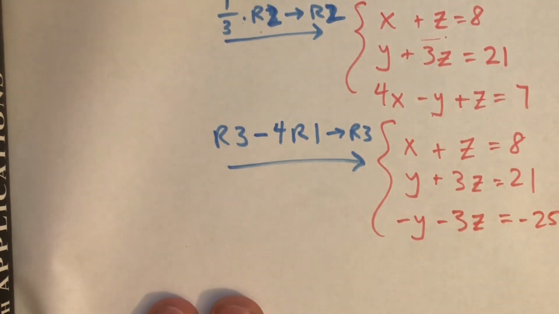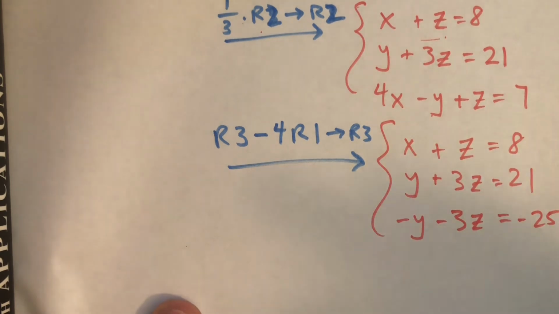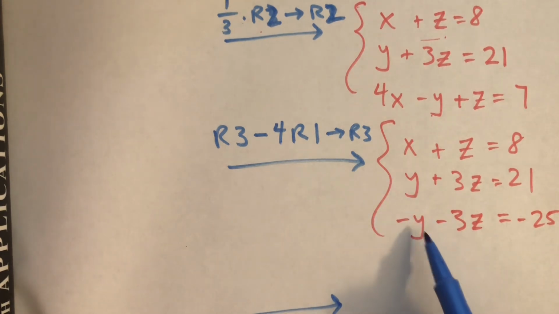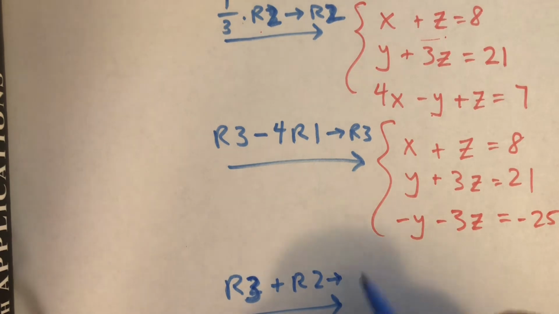And then we do the next step, right? So we would want to eliminate this y, but we can kind of see that's going to give us something goofy. So we can take and add these together, because that's going to eliminate our y. So I'm going to take row 2 plus row 3 and put that in place of row 3.